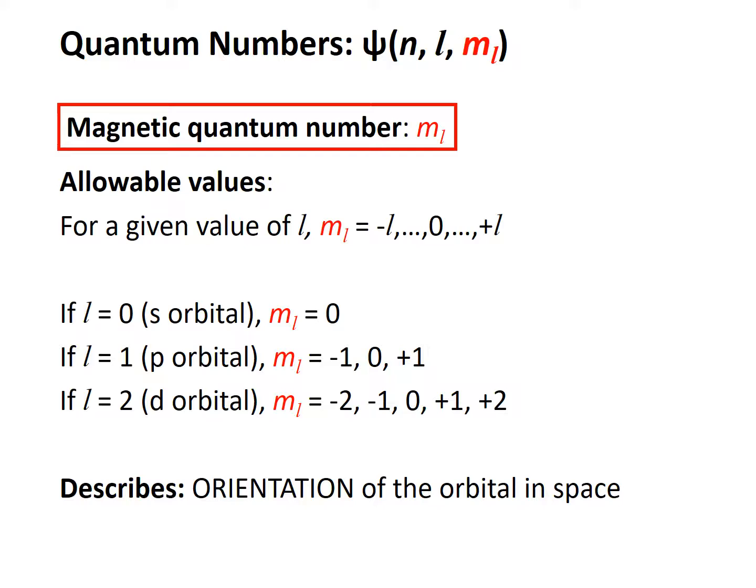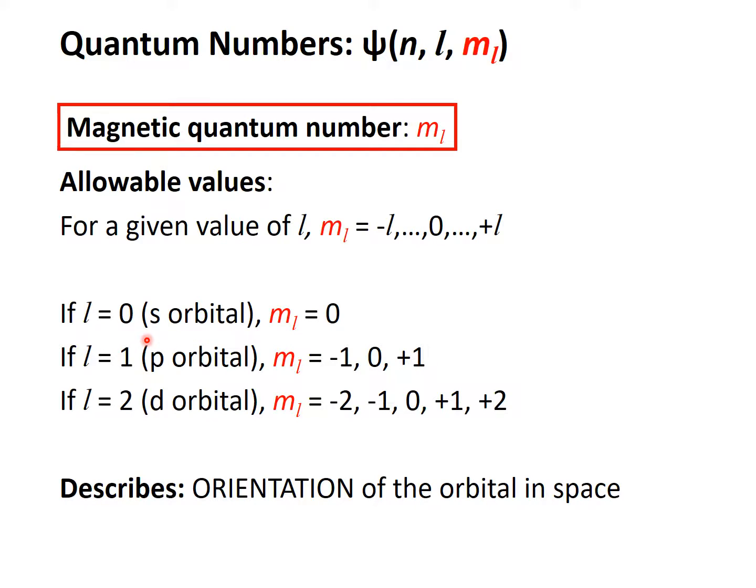The third quantum number is the magnetic quantum number, which is given the symbol m sub l, or ml. Allowed values for ml depend on the value of L, and they must be integers ranging from negative L going through to 0 and then all the way to plus L. So for example, when L equals 0, which is an s orbital, then ml can only equal 0.